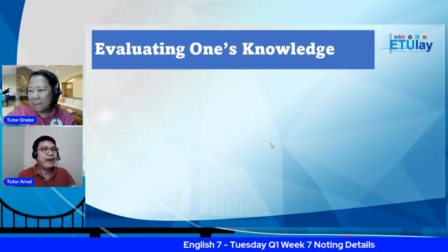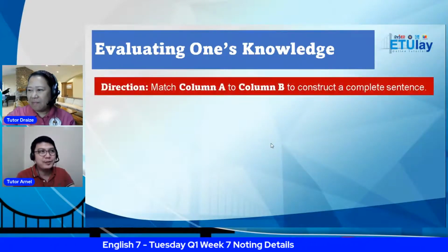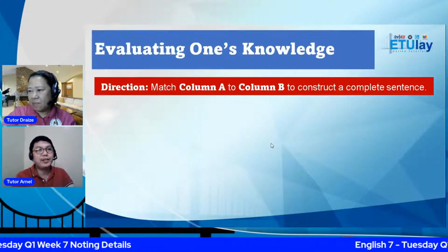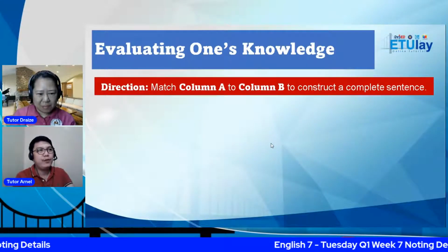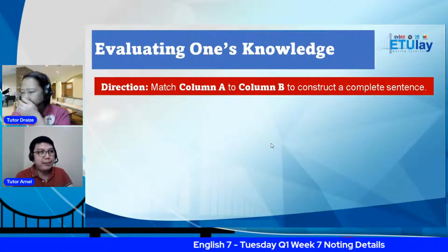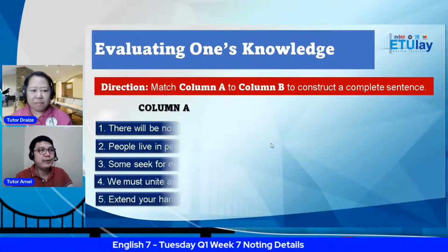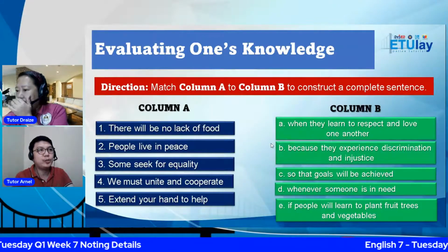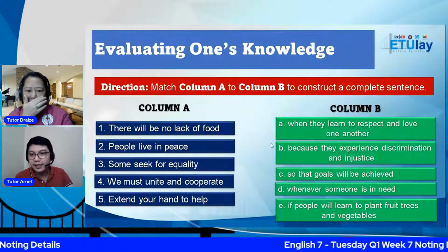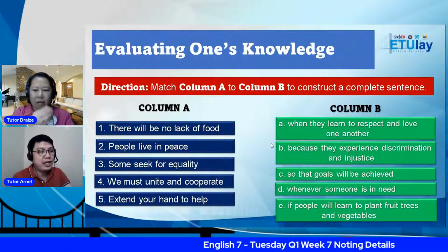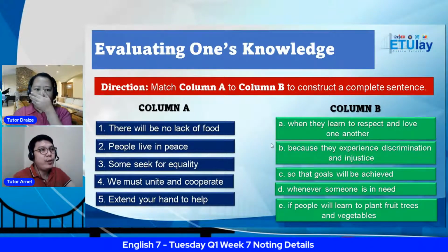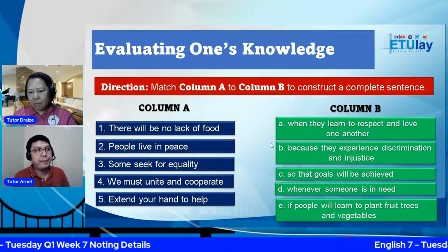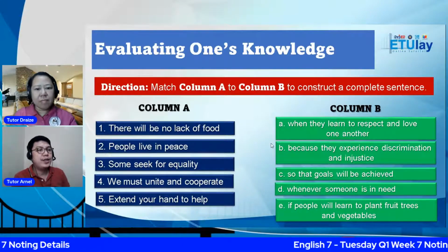So now for evaluating one's knowledge. All right, this time, students, you are going to match column A and column B to construct a complete sentence. So for you not to take time typing your answers, I just provided you the group of words or the clauses. All right, so they are grouped in column A and column B, and you are going to choose the letter from column B which fits the ones in column A. So, for example, for number one, let's start with number one, students.